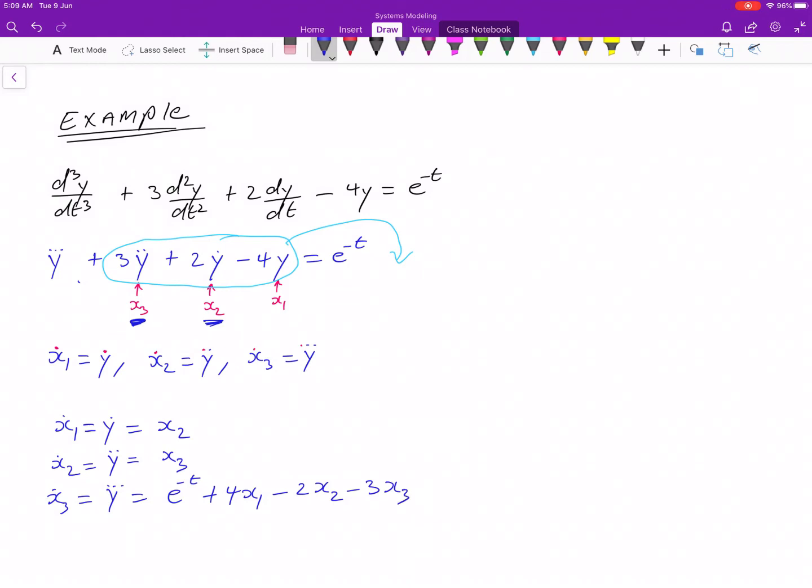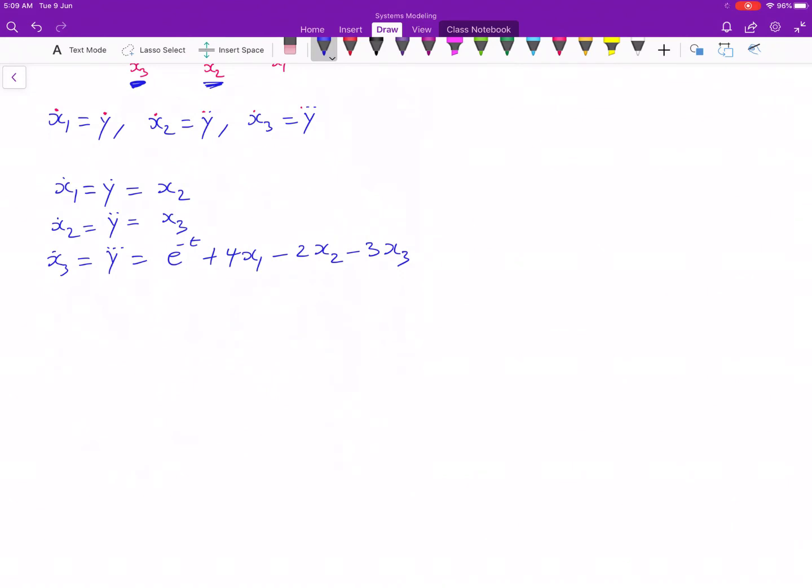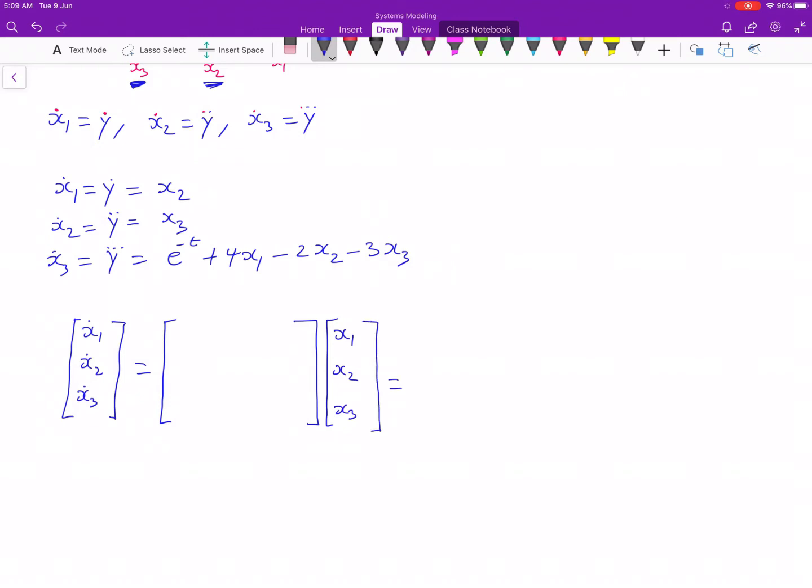From there, since we have our state equation, we can write it in a standard form. So what we have is x1 dot, x2 dot, and x3 dot, times the state variables x1, x2, x3, plus our input, which is going to be something times e to the minus t.